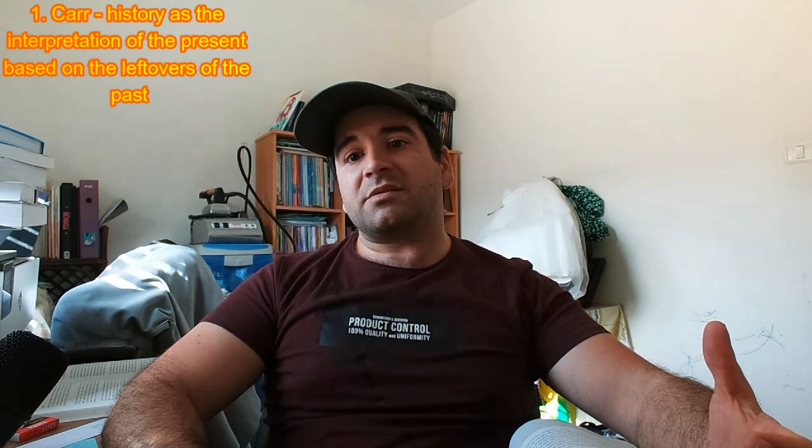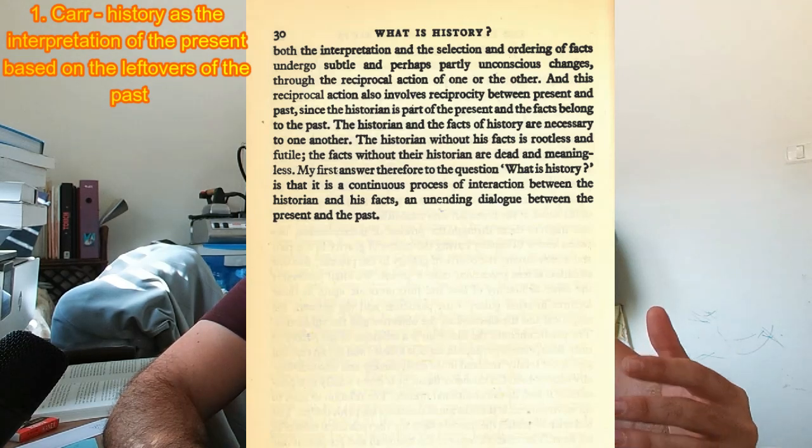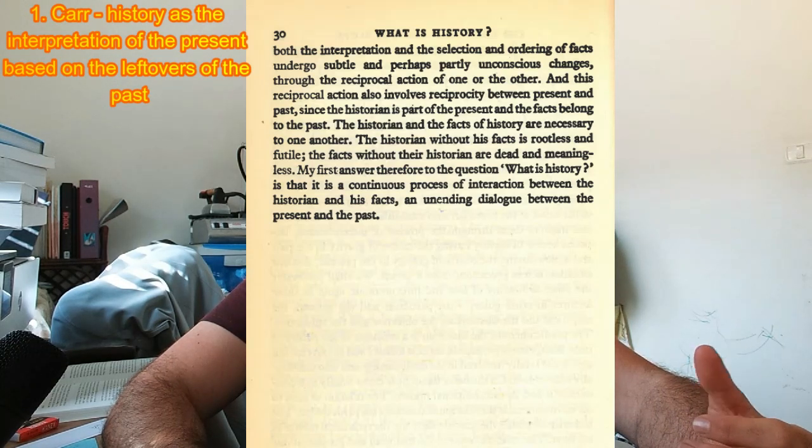But just by saying that, I'm not really making any history, because history, according to Carr, is an interpretation. And I would like to cite from Carr so that you can see exactly what he means. Carr says at the end of his first chapter that both the interpretation and the selection and ordering of facts undergo subtle and perhaps partly unconscious changes through the reciprocal action of one or the other.